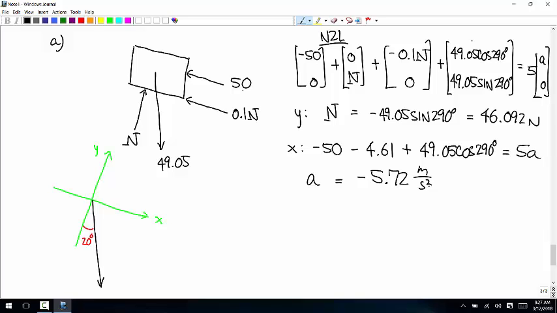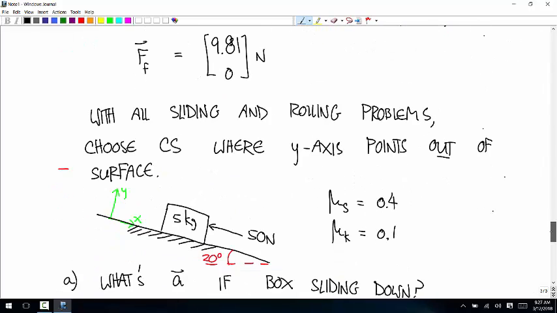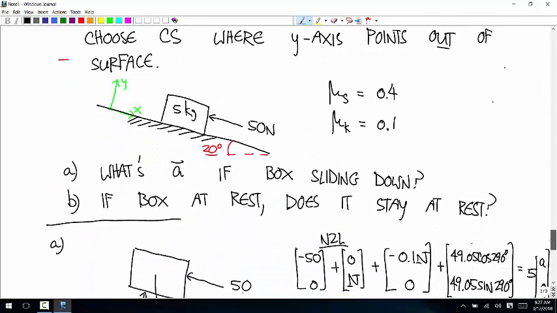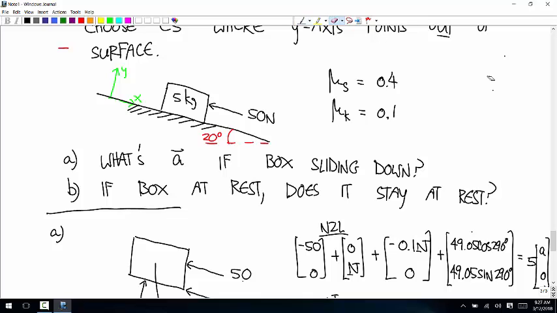The sliding is in the positive x direction. It's sliding down, we messed up there. No, it says sliding down. Scroll up. It says, what's A if the box is sliding down?